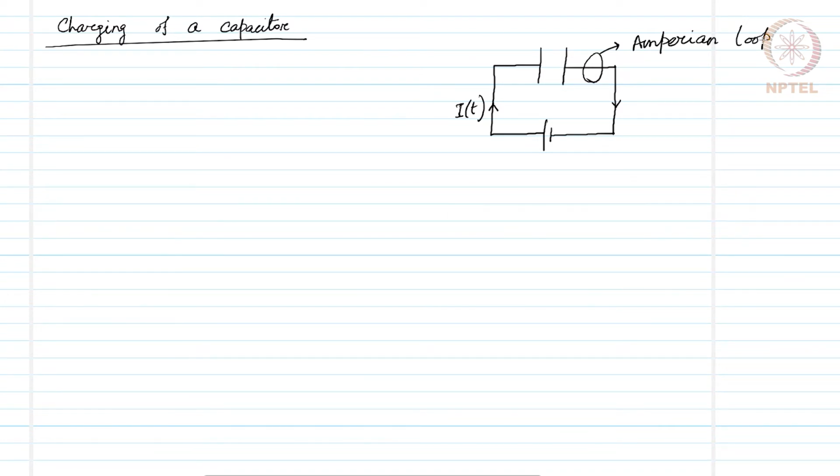For this Amperian loop, we can write that the closed integral of B dot dl can be given as mu naught times the current enclosed, using Ampere's law in integral form, and the current enclosed in this case is the surface integral of J dot dA, where dA is the area cross section of this current carrying wire.